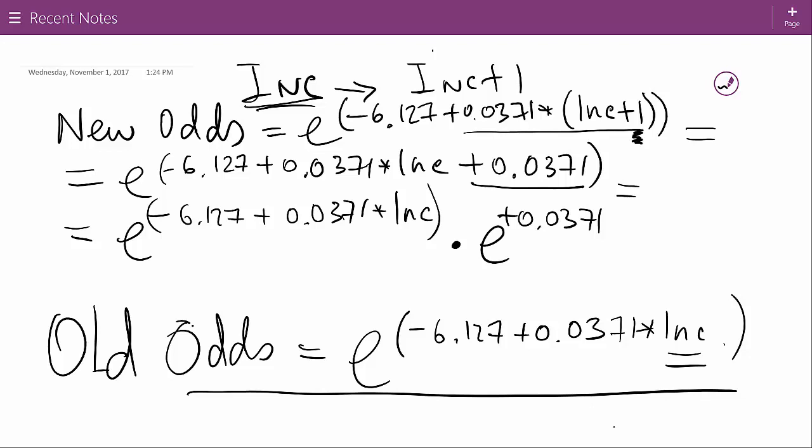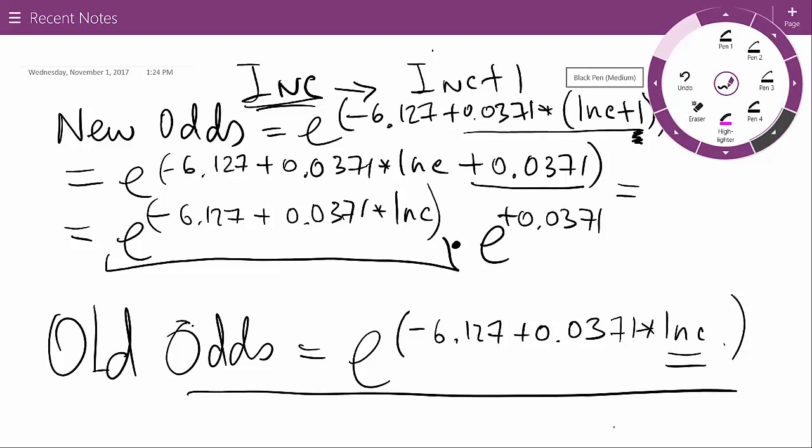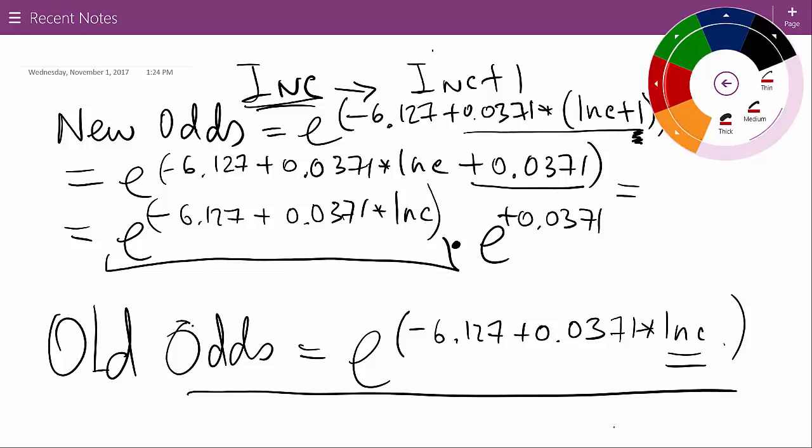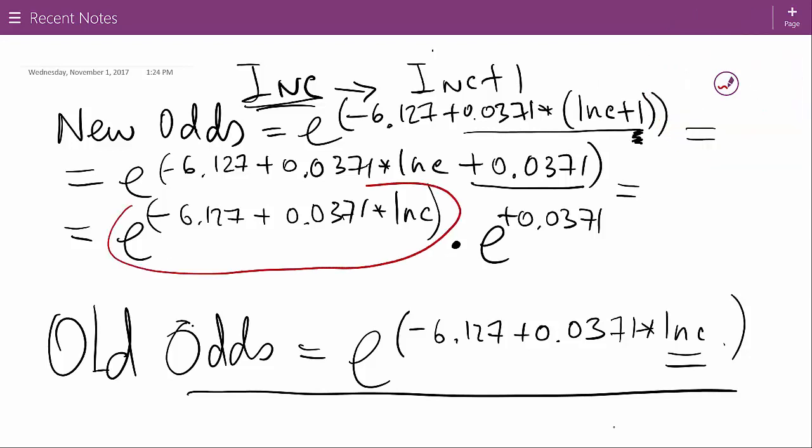Nothing more than that. Now, ladies and gentlemen, tell me, what is this expression right here? I'm going to highlight it red to emphasize its importance. So this part, what is that? That's my old odds. This is the same as right here. So this is none other than old odds.